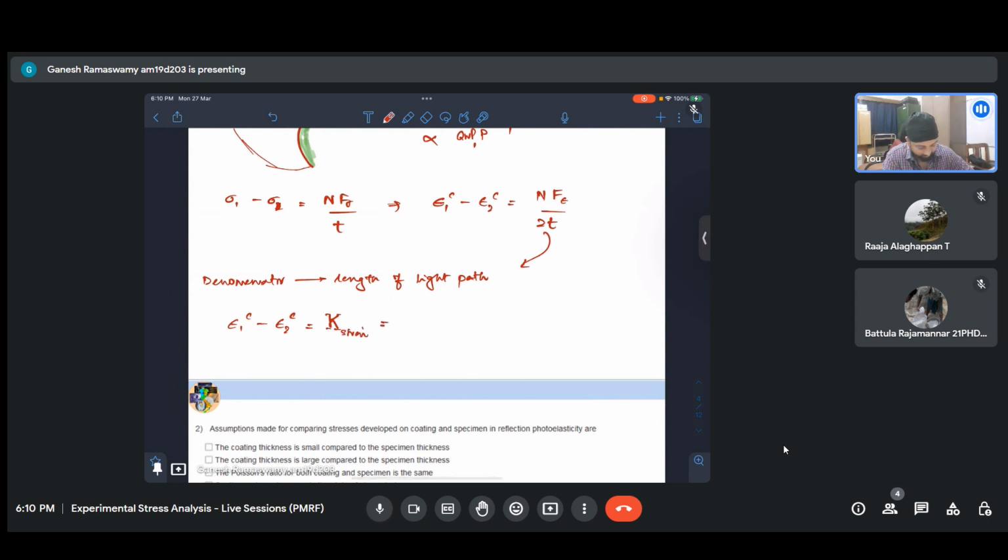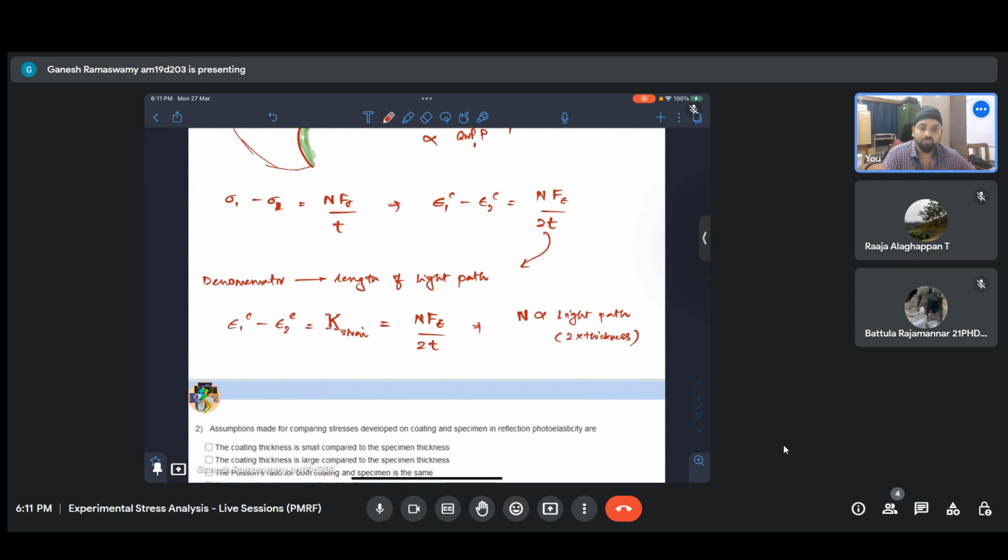Let us say K strain is nothing but nf epsilon by 2t. So I'm able to see that n is directly proportional to my thickness, or light path, or 2 times the thickness in this case.